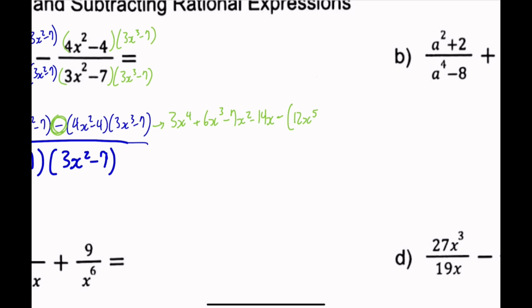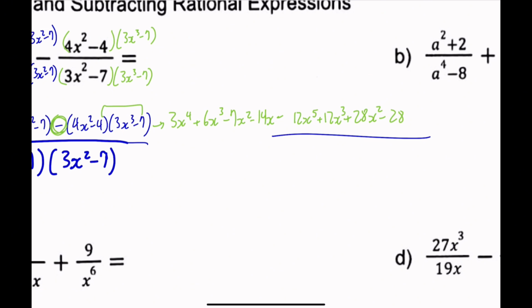Actually, this is going to be minus 12x to the 3rd power, and then minus 28x squared, and then plus 28. Distributing the minus to everything, we get minus 12x, plus 12x cubed, plus 28x, and minus 28.